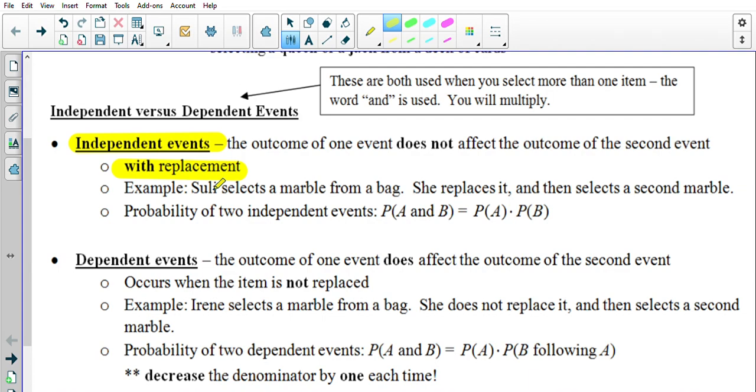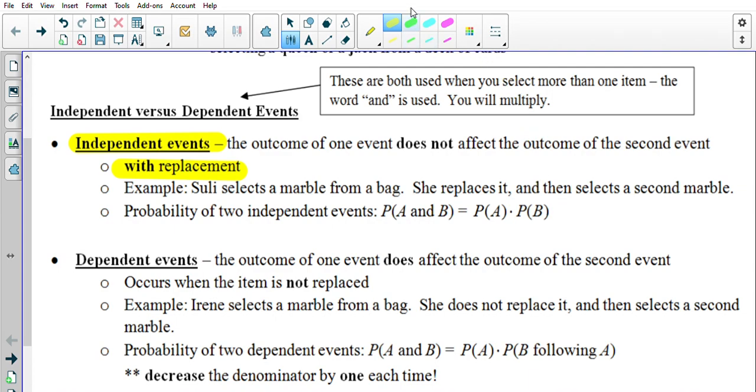Those are independent events because my first selection does not impact the second selection. The probability of 2 independent events will look something like this: P of A and B, or A then B, you'll sometimes see. We find the probability of A and multiply it by the probability of B. So basically, find the probabilities of each of those events and multiply them.